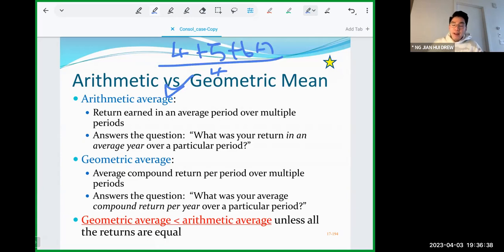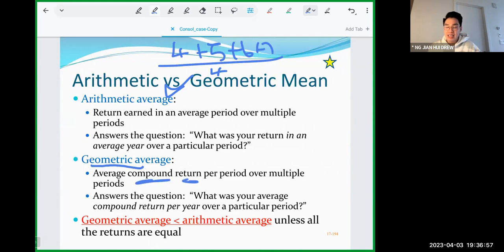Now, in finance, most of the time, in the industry, I would say 100% of the time, people use something called the geometric average. The idea of a geometric average brings in the idea of compounded returns per period.